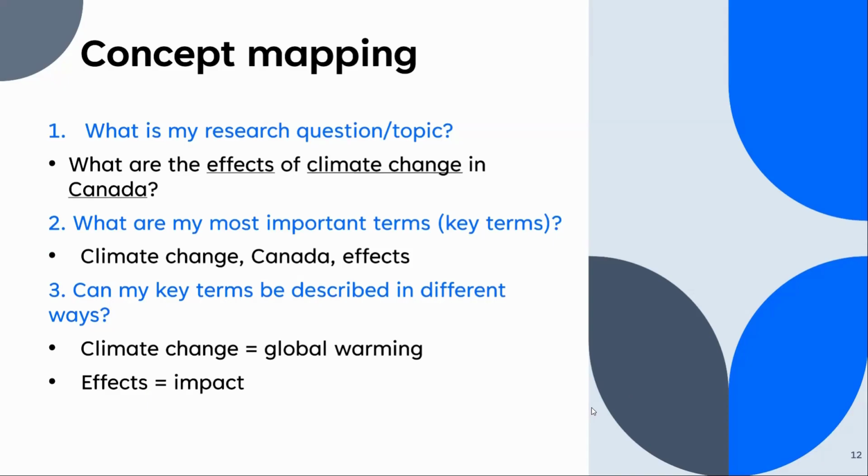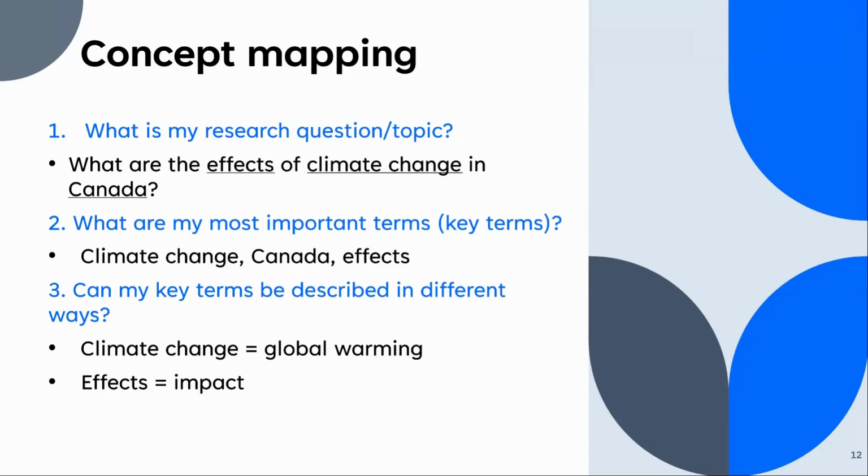Okay, so the last thing to think about here, the third question, is can your terms be described in different ways? For example, the word Canada, if you were specifically asked to search on information that has a Canadian context, we probably would use that one regardless.